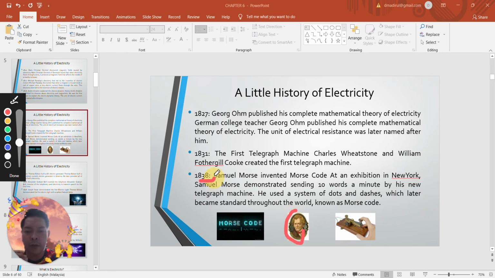In 1838, Samuel Morse invented Morse code. In New York, Samuel Morse demonstrated sending 10 words a minute by his new telegraph machine. He used a system of dots and dashes, which later became standard throughout the world, known as Morse code.